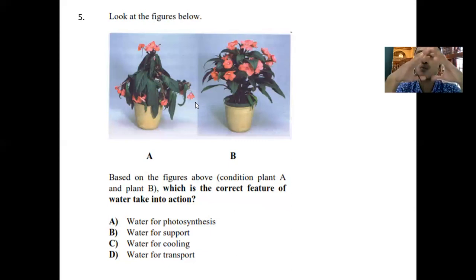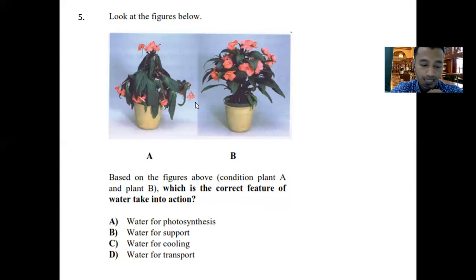But if there is no water, the structure of the cell will shrink, because there is not enough water inside. When the plant doesn't contain enough water, it becomes soft and floppy.